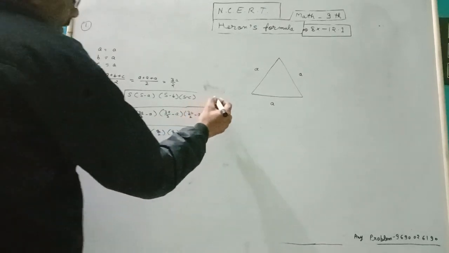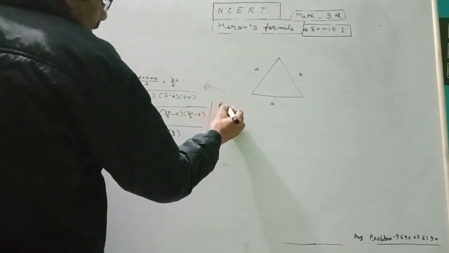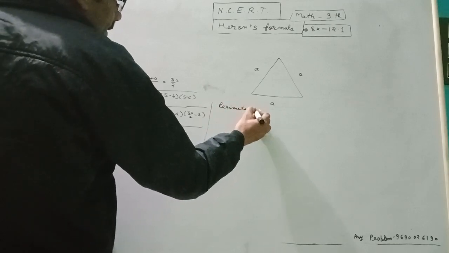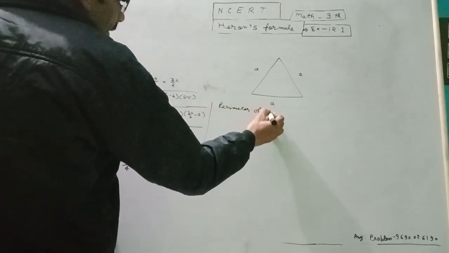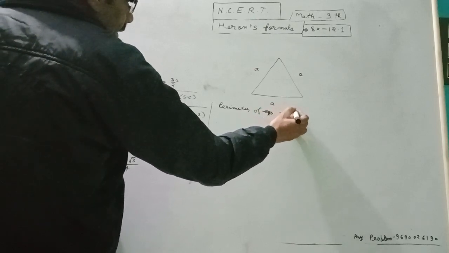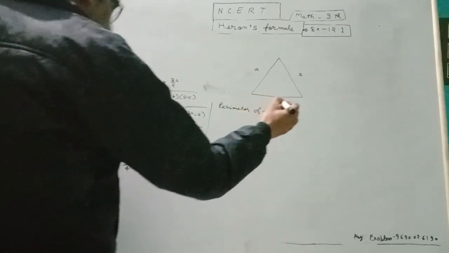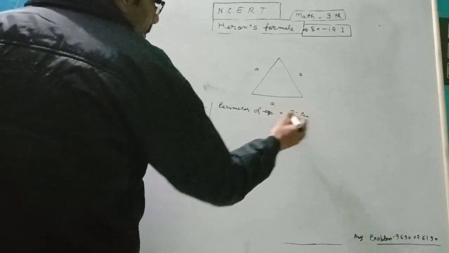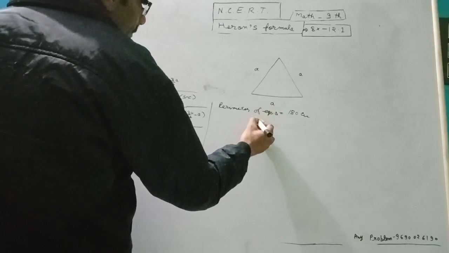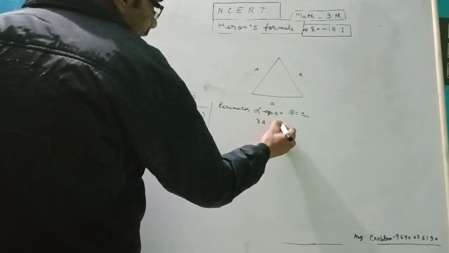Then the perimeter of the equilateral triangle is equal to 180 centimeter, is given. Perimeter of an equilateral triangle is 3A.